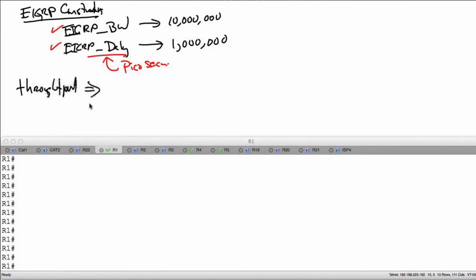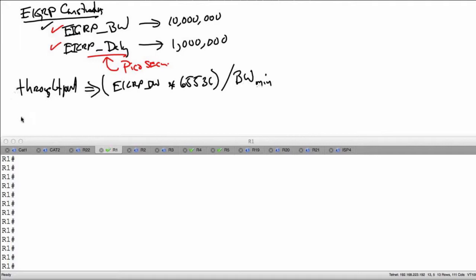Throughput is equivalent to our EIGRP bandwidth constant times the number 65536 divided by my bandwidth minimum. So the bandwidth of the slowest link in my topology.